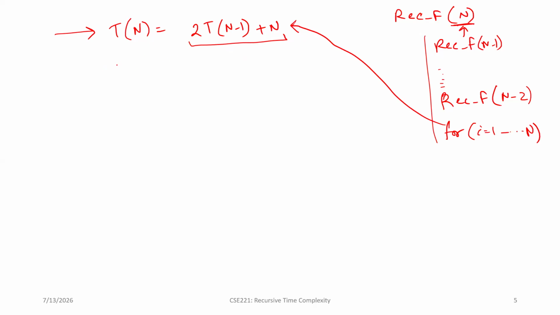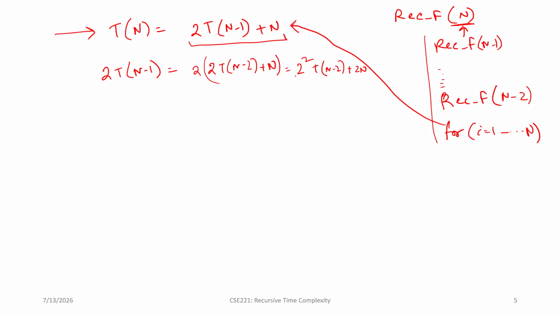So the system that we applied in the last example will also be applied here. The 2T(n-1) is a single T(n-1) would have been 2T(n-2) plus n. So we can multiply this whole part by 2, giving 2 squared T(n-2) plus 2n.